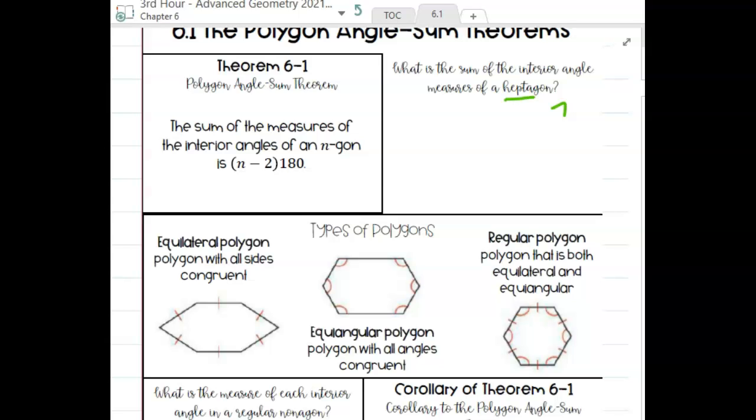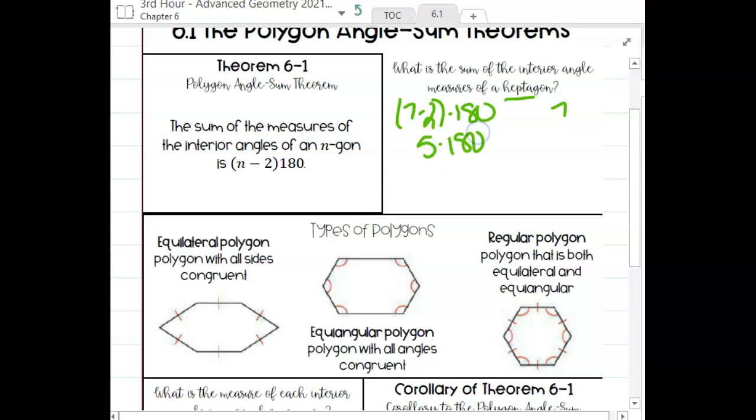We'll go with 7. 7 sides, okay? So we are going to take 7 minus 2 times 180. Make sure you follow order of operations. You're going to have to take the number of sides minus 2 first. 7 minus 2 is 5. 5 times 180 is going to give you 900. If you added all the angle measures of any 7-sided figure, any heptagon, you would get 900.